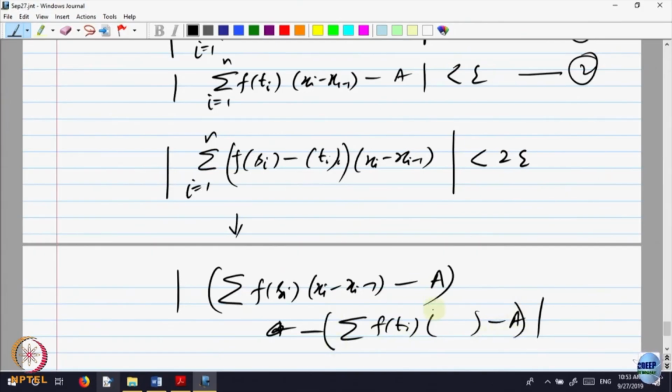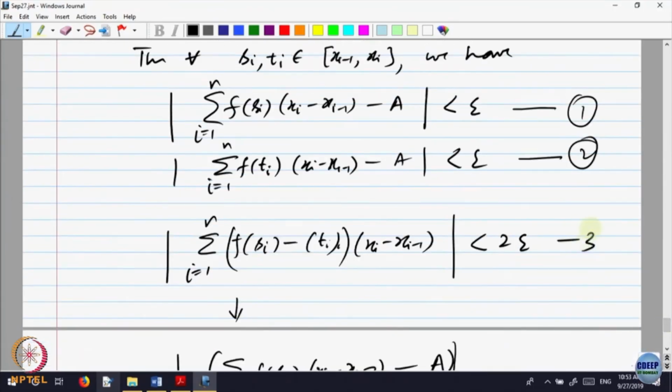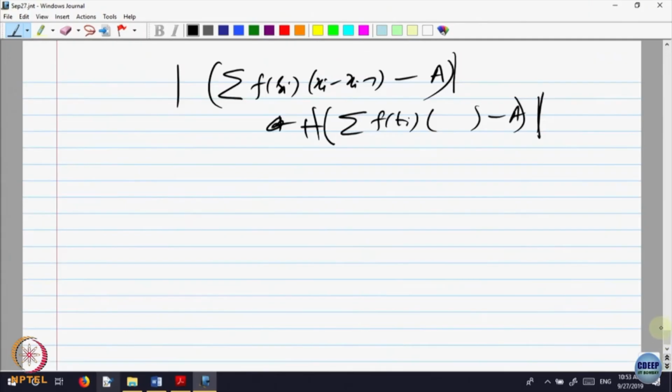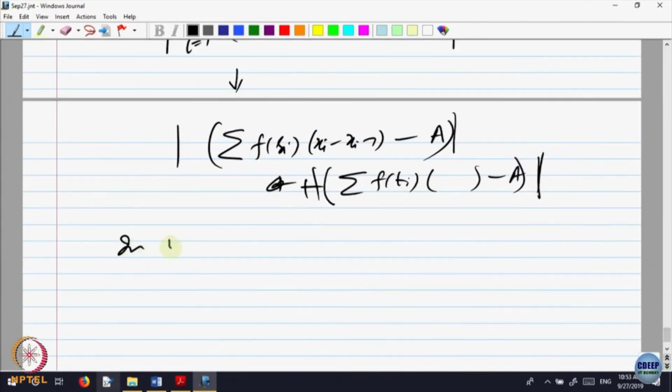And now use the triangle inequality. So this will be less than or equal to the absolute value of this plus the absolute value of that, and use 1 and 2 to get the required thing. So this is less than 2 epsilon. Let me call this 3. So in this 3, let us take si equal to ti for every i bigger than or equal to 2.